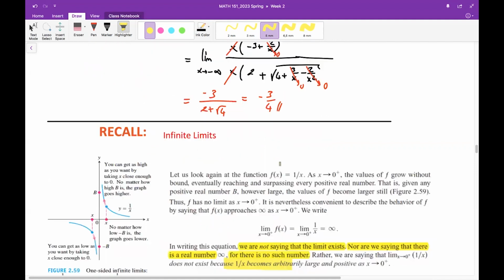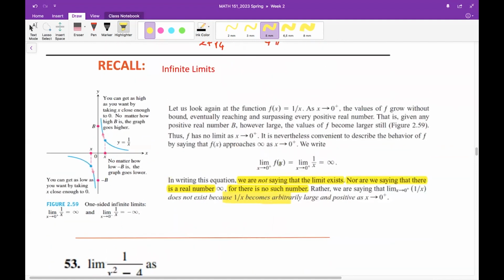Okay, I move on. Here, I put a very big recall for you because about this point, I get lots of questions from students. According to my experience, I decided to put this recall here. This recall is about this limit, okay?